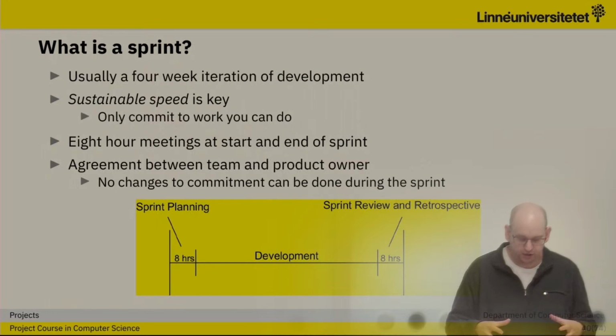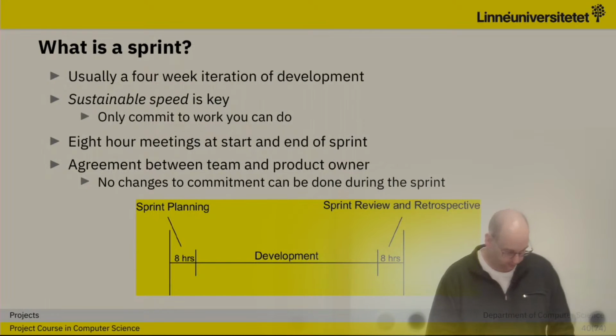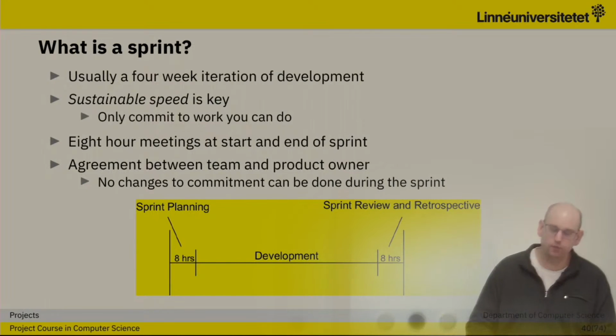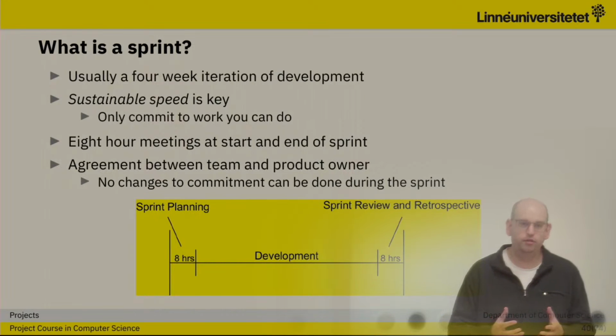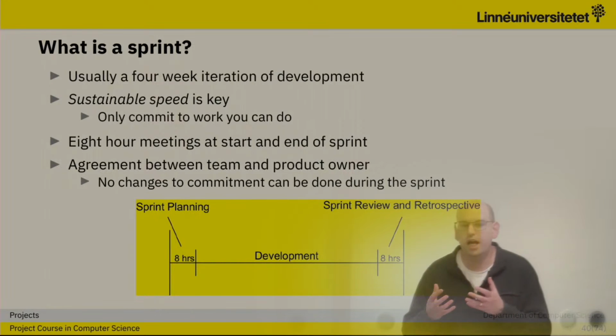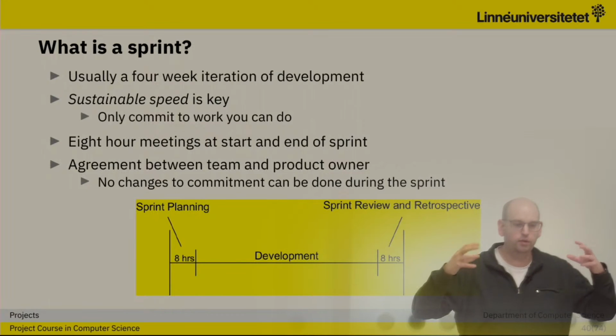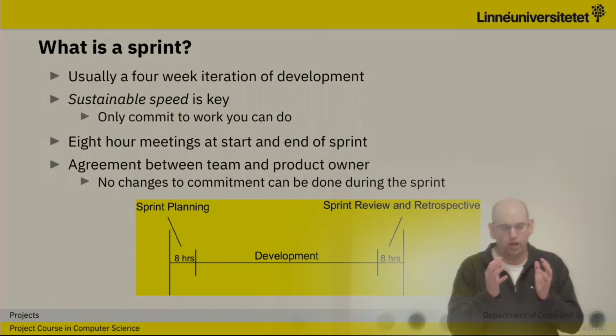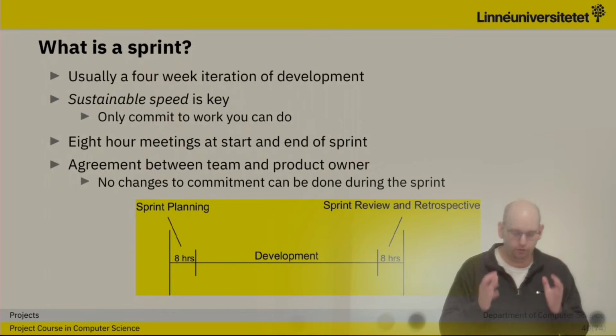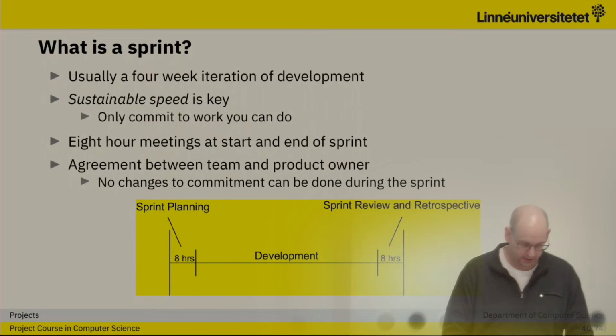And no changes to this commitment can be done during the sprint, meaning that we decide in the planning what to do, we commit to doing this, and we do not change that. And that's because we want a tolerable, well-working, well-defined thing to work with for these 2 to 4 weeks. Okay? So no changes to what we do.